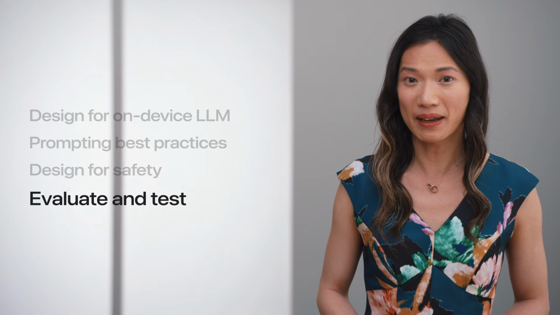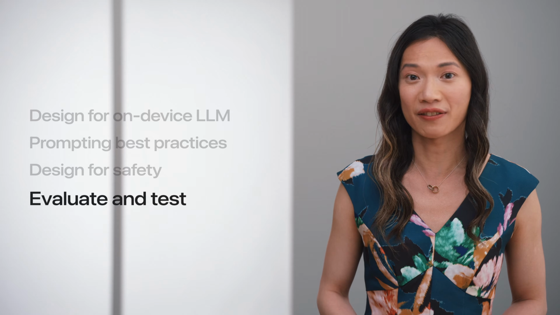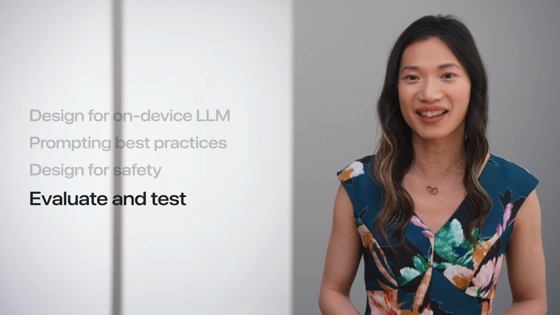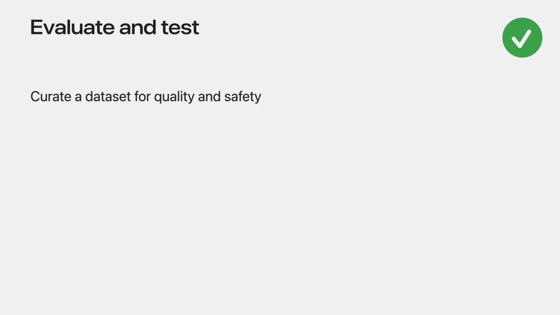Another crucial step in building an app that uses generative AI is evaluation and testing. You can start by curating datasets for both quality and safety. Remember to collect prompts to cover all major use cases of your app, and you will also need to collect prompts that may trigger safety issues.